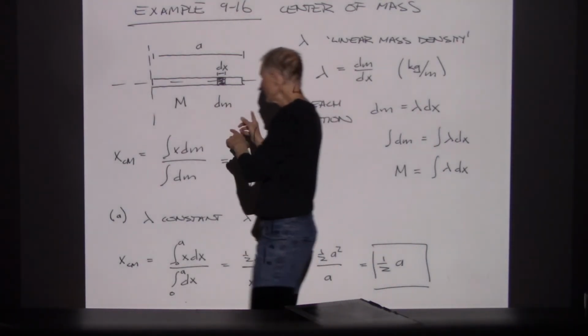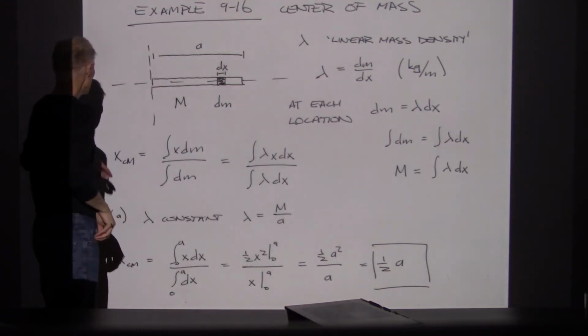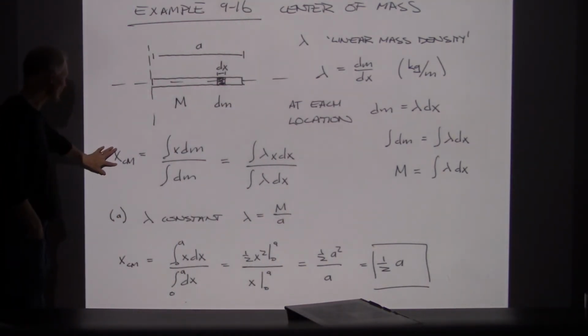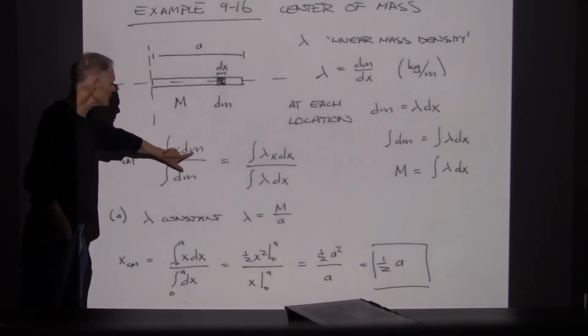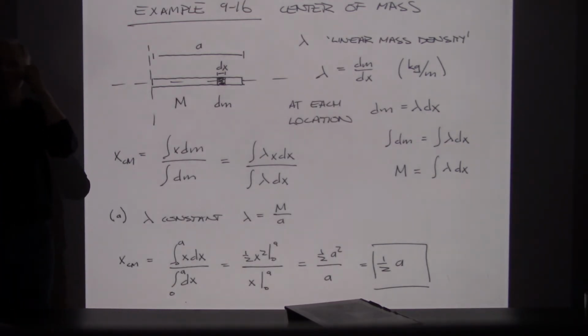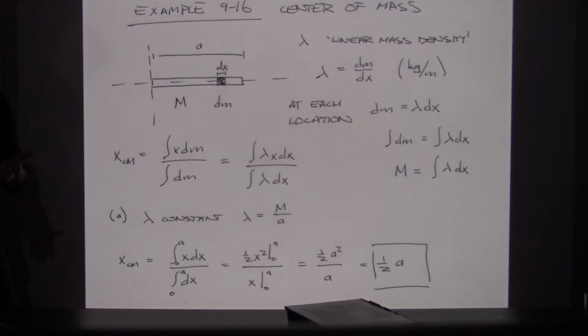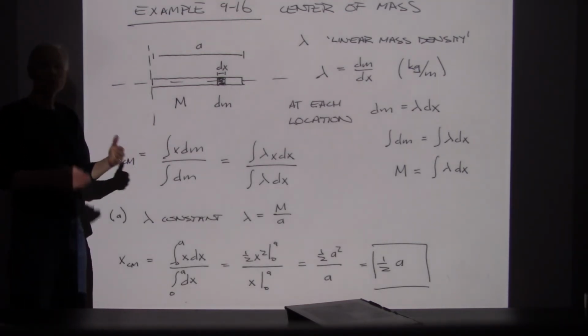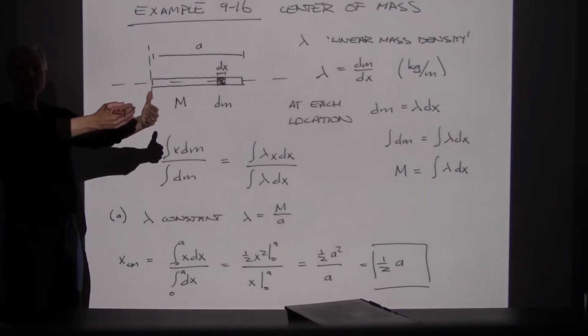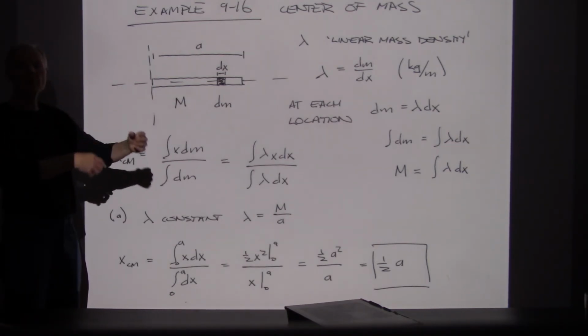Now when we're integrating, like we are here, the formulas for the center of mass require us to take an integration of x times each individual piece. If you stop and think about it, this is like the summation that we were doing before, but because it's an integration, it's a continual summation.